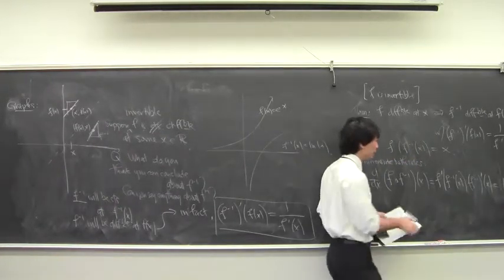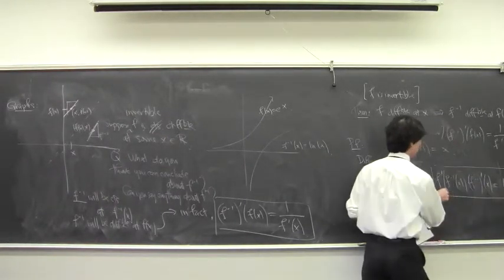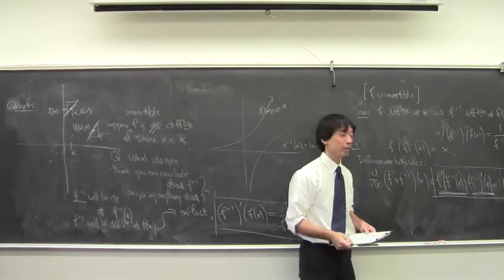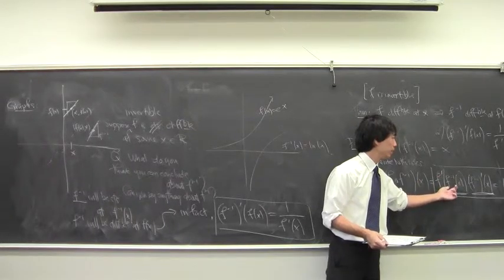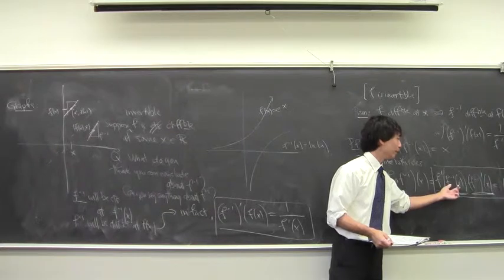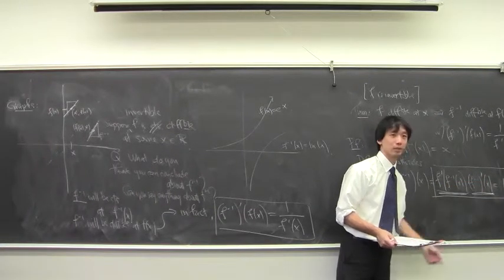Okay, and so what does that tell you? That this and this are reciprocal. That f prime evaluated at f inverse x times f inverse prime x equals 1.